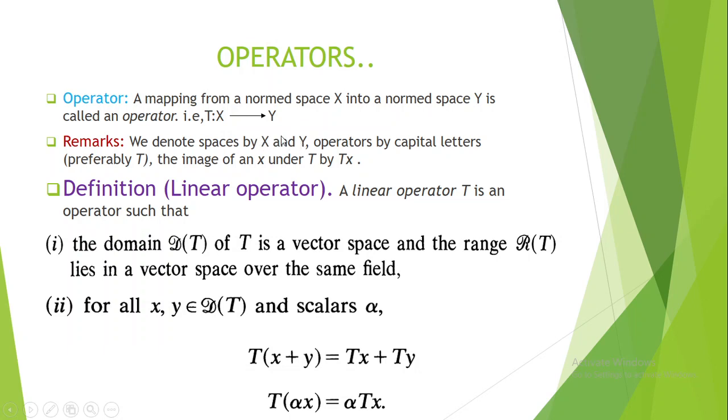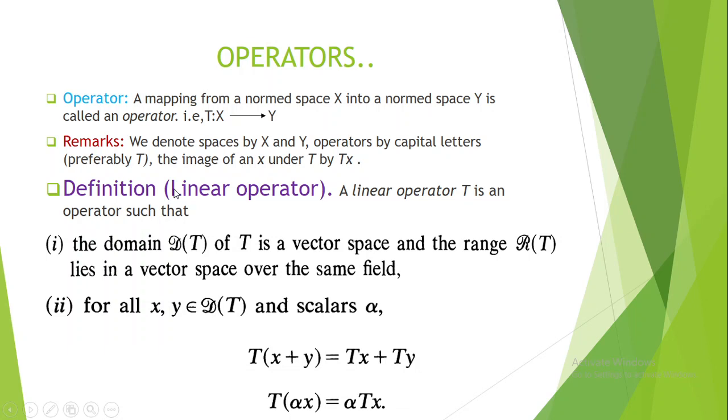So you must remember that X stands for a norm space, a metric space, or simply a set, and here we denote the image of an x under T by Tx. So you have to remember these notations.